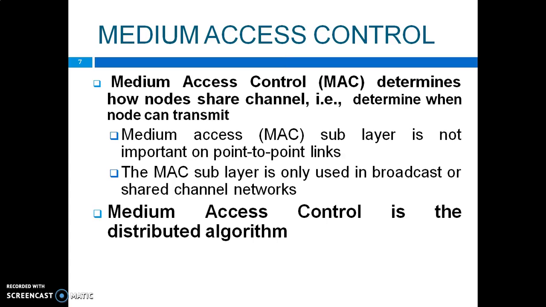So in point to point there is no necessity to use MAC. Then where can we use it? It is used in broadcast or shared media, where multiple nodes can communicate. At that place MAC is essential, and for that a distributed algorithm is used.